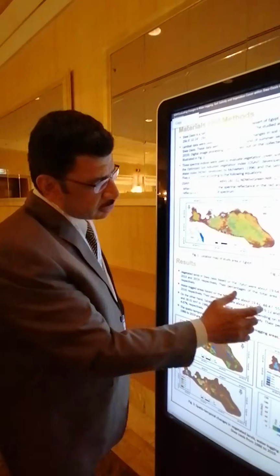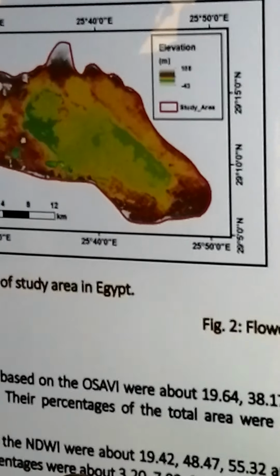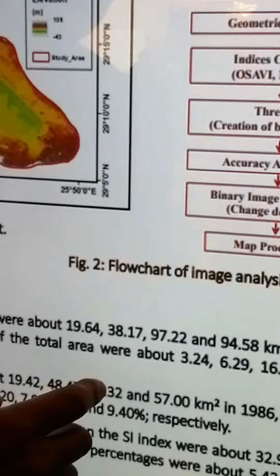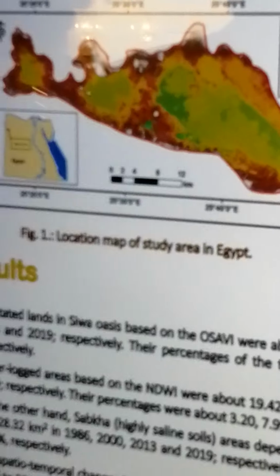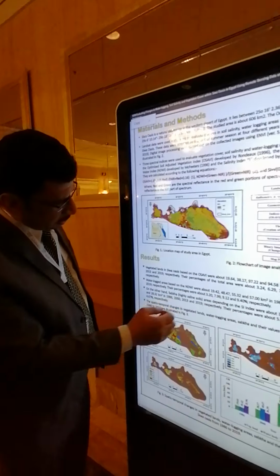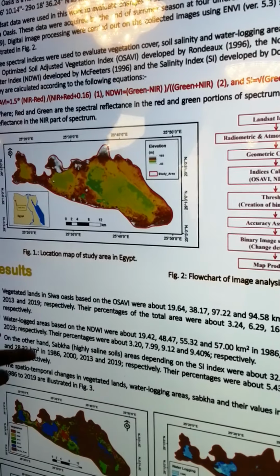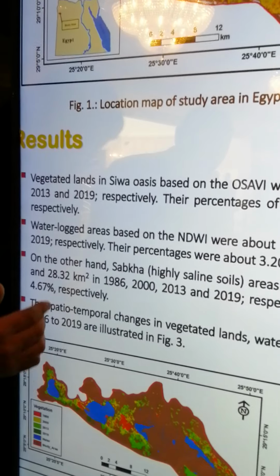Waterlogged areas were also increased from about 19 square kilometers in 1986 to about 57 square kilometers, which is about 9% of the area in 2019. On the other hand, some areas of highly saline soils were slightly declined from about 33 square kilometers to about 28 square kilometers.